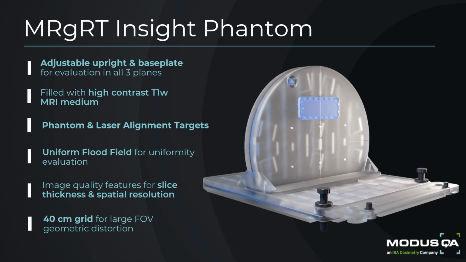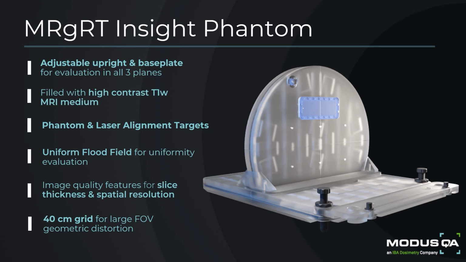Just to list some of these structures off, we have laser landmark targets and phantom alignment channels, a uniform flood field to evaluate uniformity, several line pair wedges to calculate the modulation transfer function for spatial resolution, as well as several slice thickness ramps to calculate slice thickness. There is a grid for large FOV geometric distortion evaluation, and several other options for end-to-end accessories, which we can touch upon later.